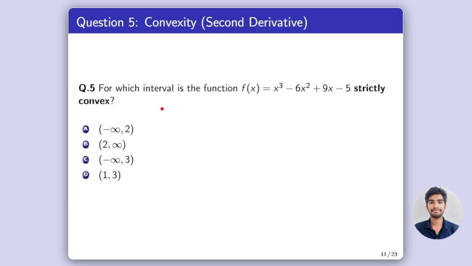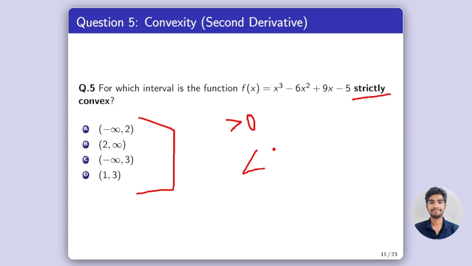Next, for which interval is the function f of x is equal to x cube minus 6x square plus 9x minus 5 strictly convex? Here we observe that in the four options, strictly convex is mentioned. Strictly convex means the second derivative must be greater than 0, and for concave, less than 0.